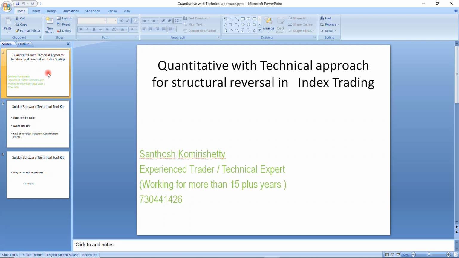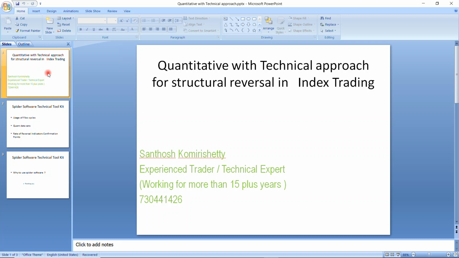As a technical analyst working on indicators, oscillators and price action, every layer you add to the decision making will help improve the strike rate in your decision.